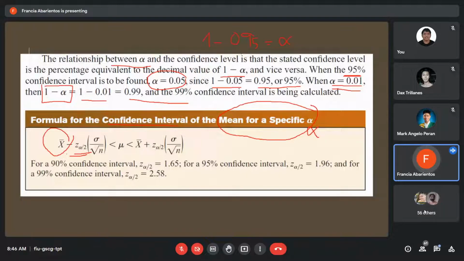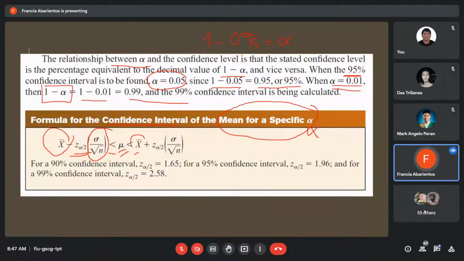We have also the population standard deviation over the square root of n, that is the sample size. Okay. Which is less than the population mean, which is less than the positive of the first item.